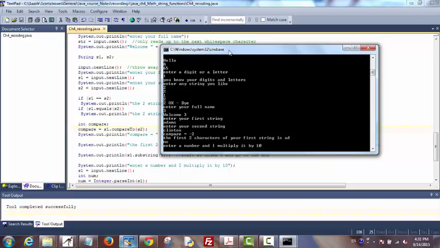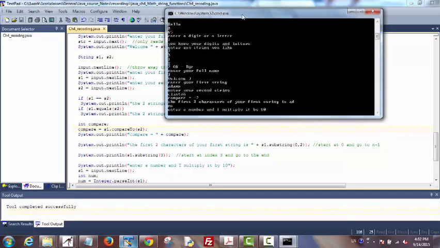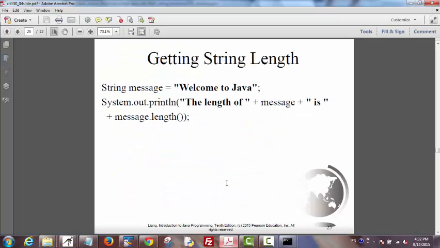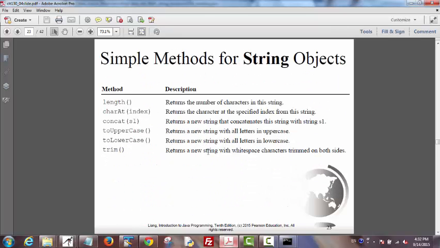Now, since I'm here, I suppose I'm not going to go through that. Now, substring 3. What does substring 3 do? Or substring 0, comma 2 does? Remember, the whole idea here is for you to be able to look at the definition of these methods and essentially identify or find out what they do.